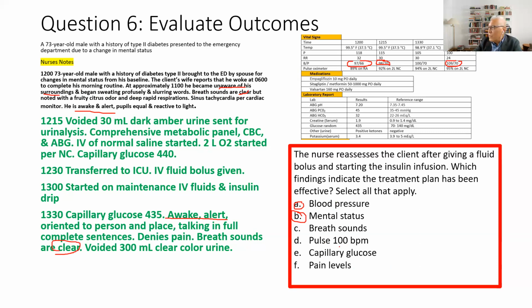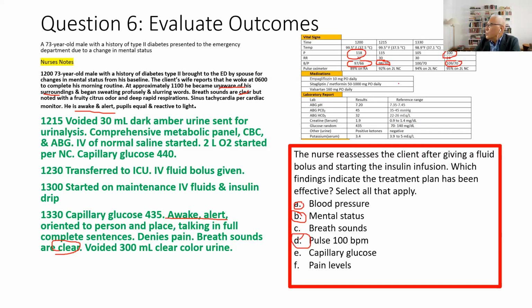How about the pulse rate? Pulse rate is 118 over here, 115, and then 100. When you have dehydration, you have tachycardia. So when your pulse decreases, that means your hydration status has improved, right? So this is going to be a correct answer.